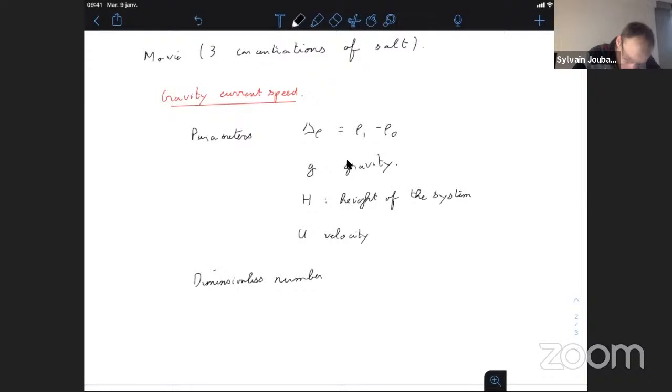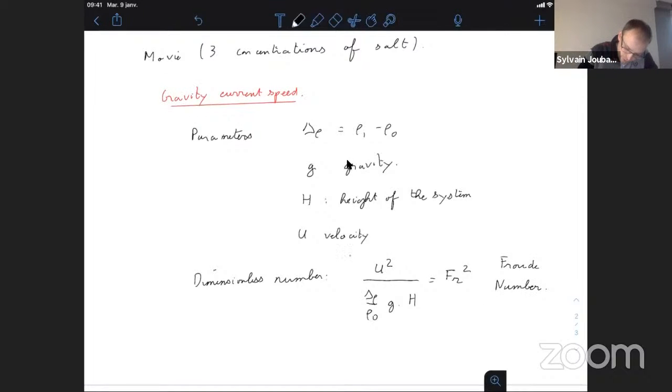And this number is u squared delta rho divided by rho g h. You have the velocity, and to have from the three first parameters a velocity, which is this one, and this is equal to a number squared, Fr, which is the Froude number.